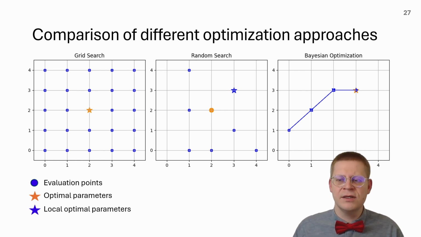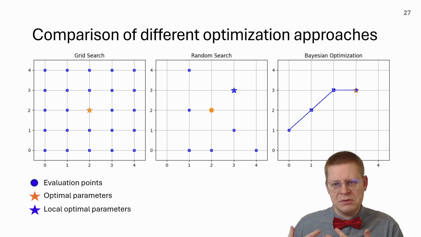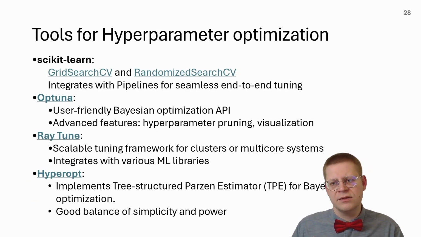On the downside, it can be more complex to implement and interpret than a standard grid or random search. But if you're looking to find that spot quickly with minimal wasted effort, Bayesian optimization is often the go-to method. And let us take a look at some popular tools for hyperparameter tuning.